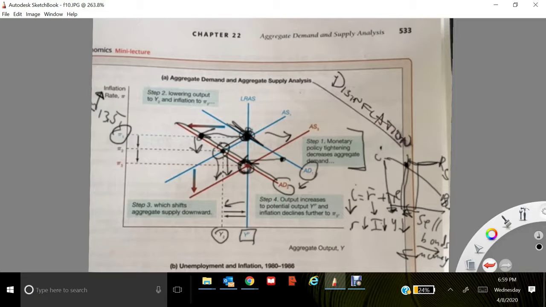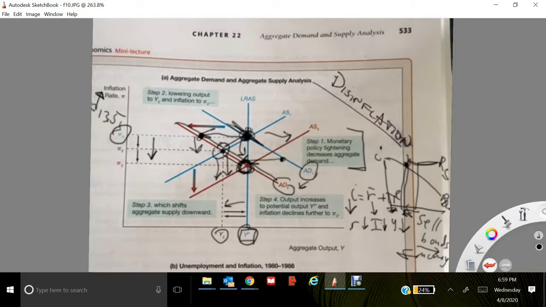So we've gone from here down to here. We've ended up at the same output level, but we've corrected our inflation problem, all right?